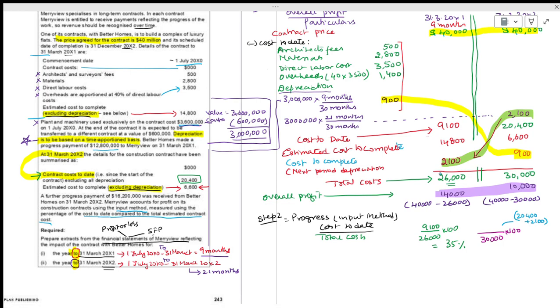That is the depreciation we have to take, which is incurred for the next period. 20,400 plus 2,100 comes to 22,500.